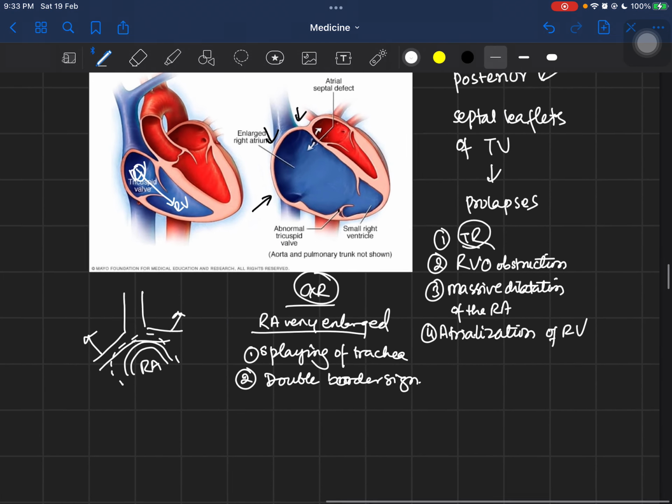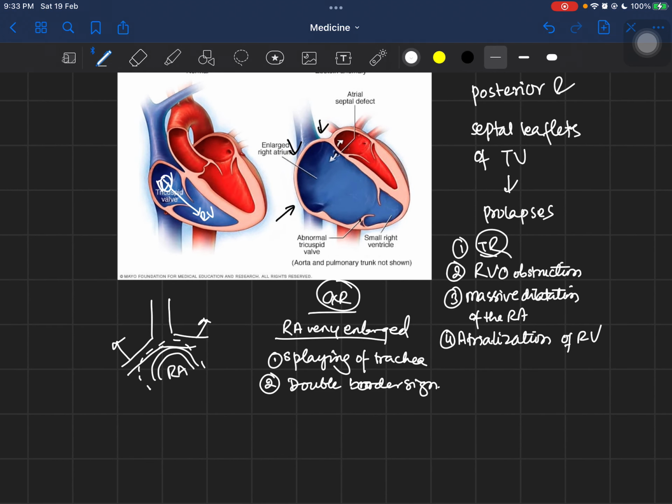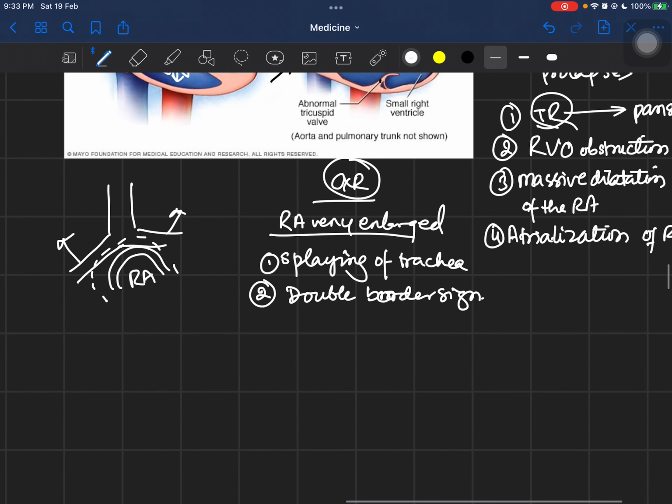Now, what murmur would you expect while auscultating the chest of this patient? Because this patient has tricuspid regurgitation, the patient would have a pansystolic murmur, and you could also hear a quadruple rhythm on auscultation. You would hear multiple heart sounds in this person. Generally, splaying of the trachea and double border sign are expected findings in right atrial enlargement.